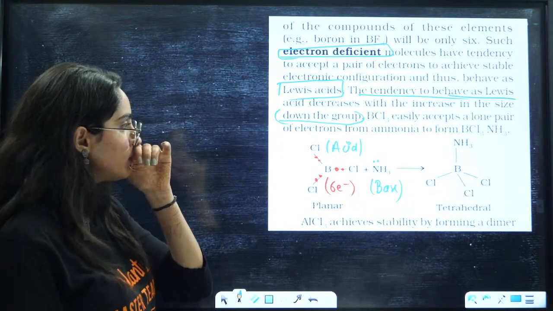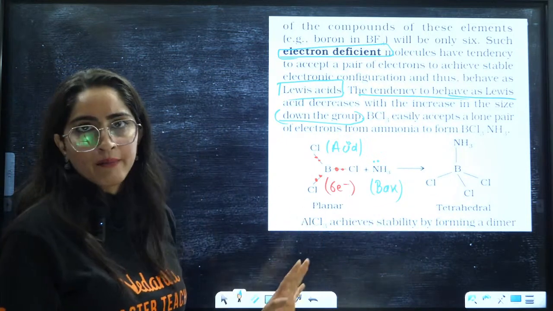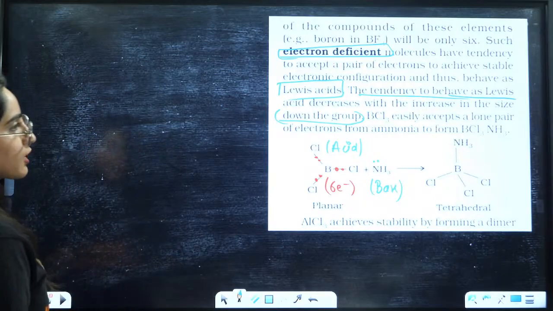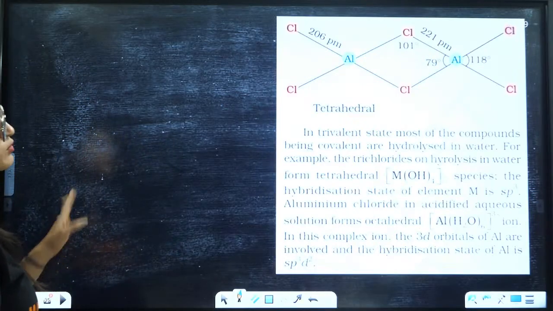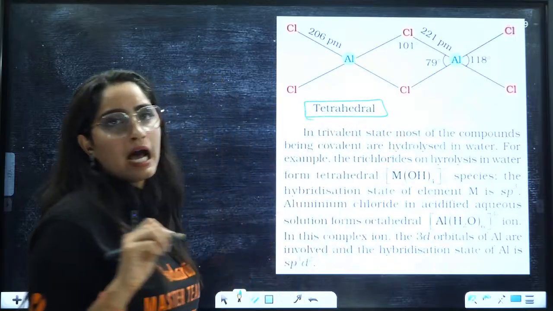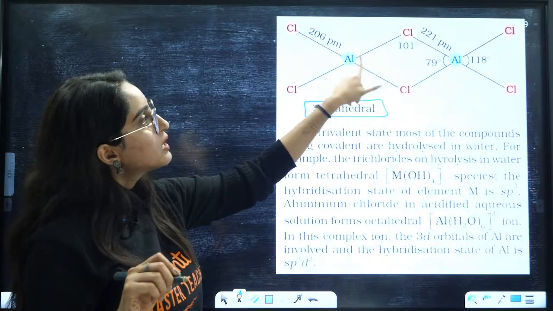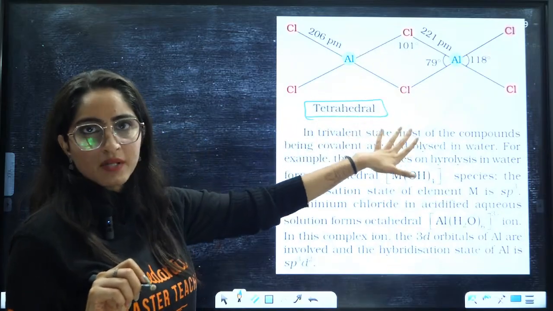Okay, now next thing is AlCl3 achieves stability by forming a dimer. Now, if you talk about the structure of AlCl3, AlCl3 forms a dimer, right? That means you have Al2Cl6 that forms a dimer.